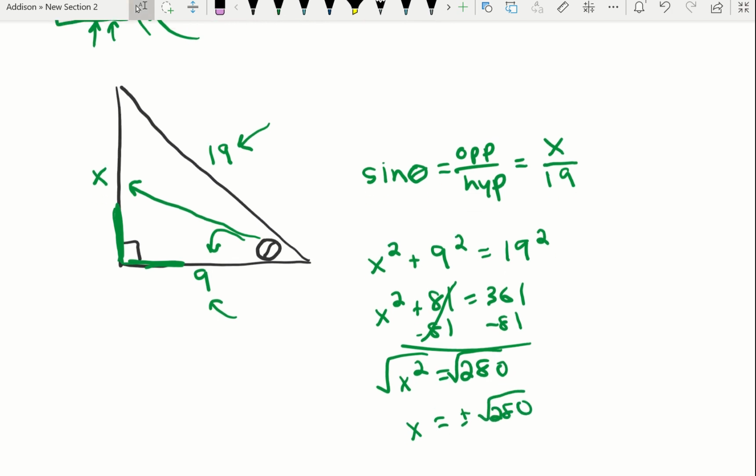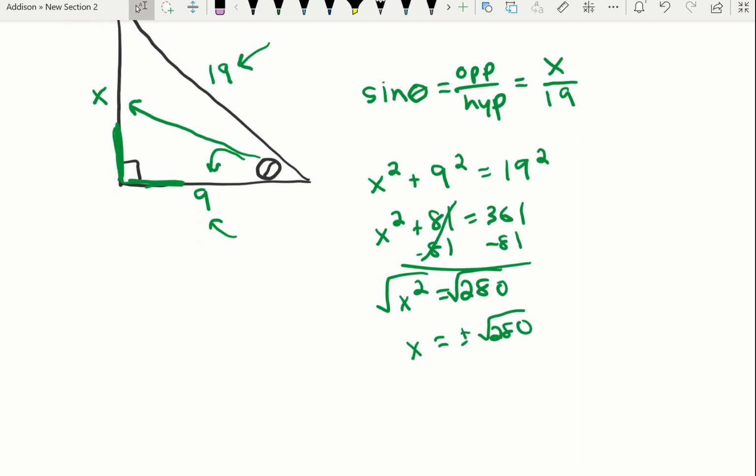Now we can simplify that a little bit. Is there a perfect square that we know is a factor of 280? There is, that's 4. So we could rewrite the square root of 280 as the square root of 4 times 70. Bring down the plus or minus.